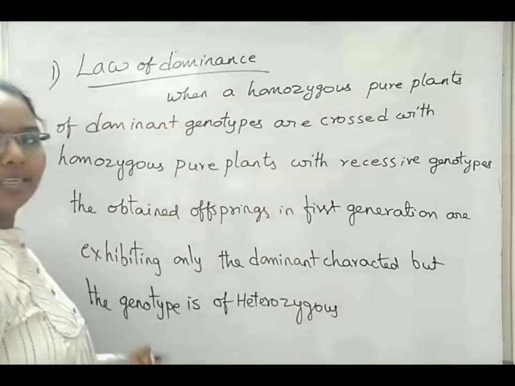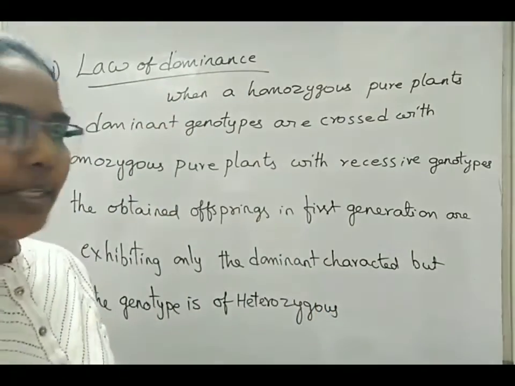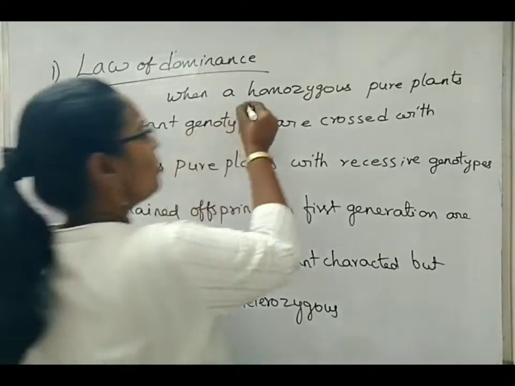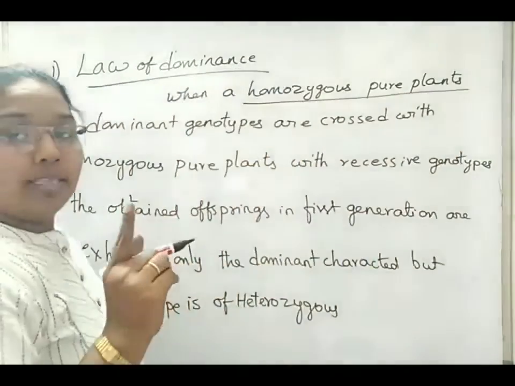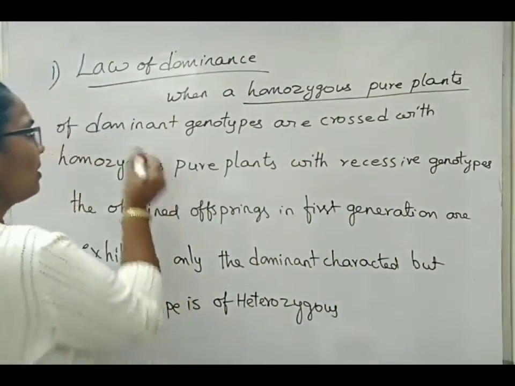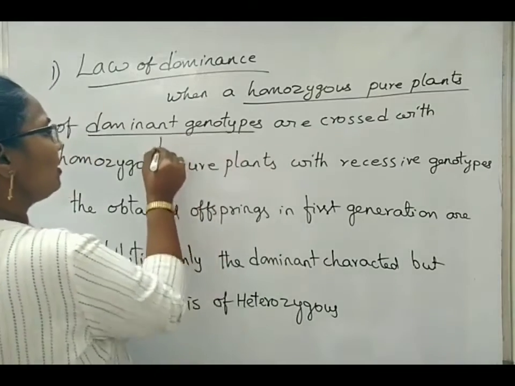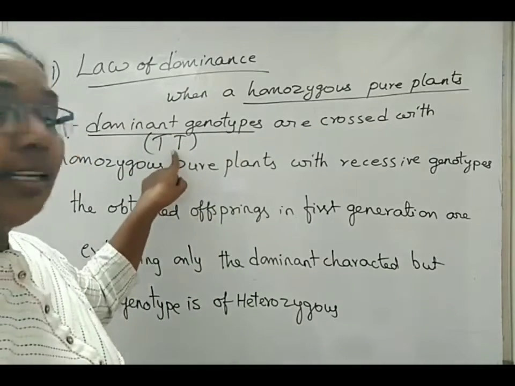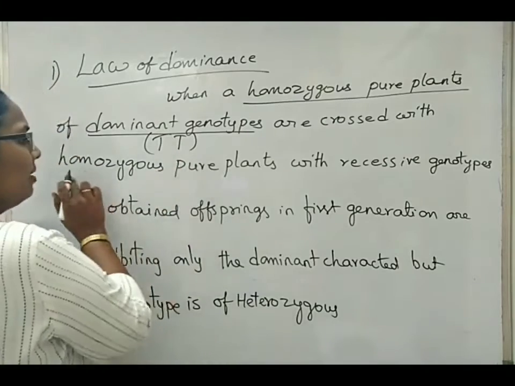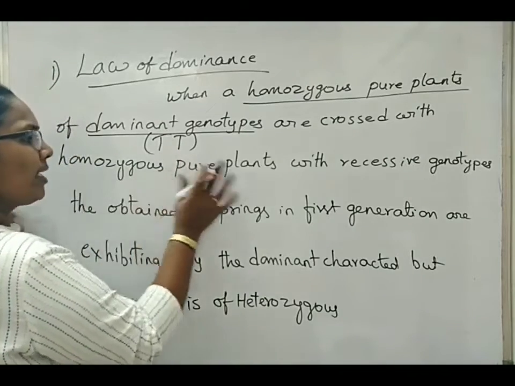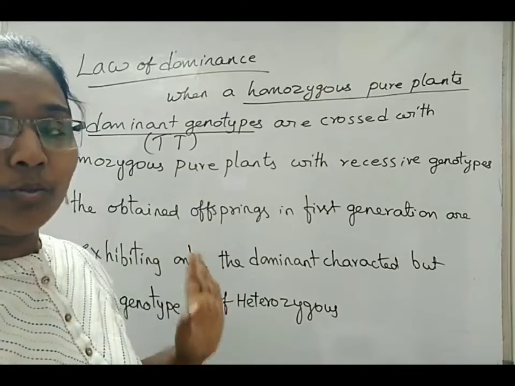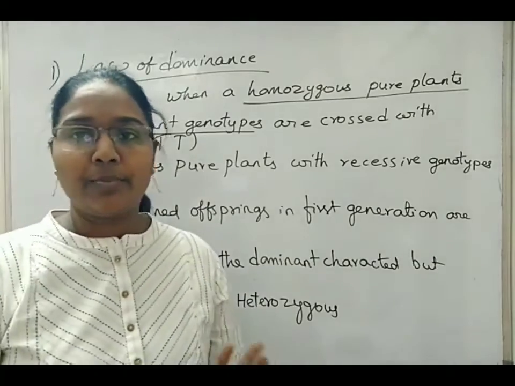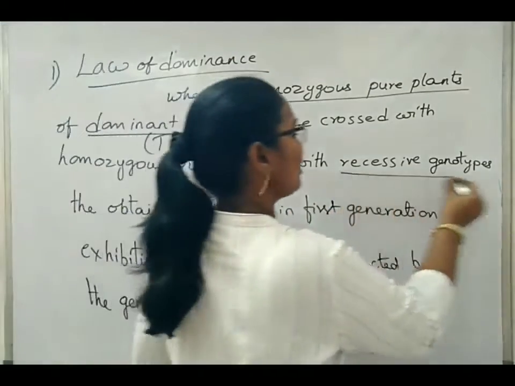By this sentence, we can get the complete meaning of the law of dominance. Here, homozygous pure plants, we know the alleles should be of the same type. Dominant genotypes I have written. So, if you take the character height, then dominant alleles will be like this. And another crossed with homozygous pure plants. Again, here also homozygous means the alleles should be of the same type, but recessive genotypes.